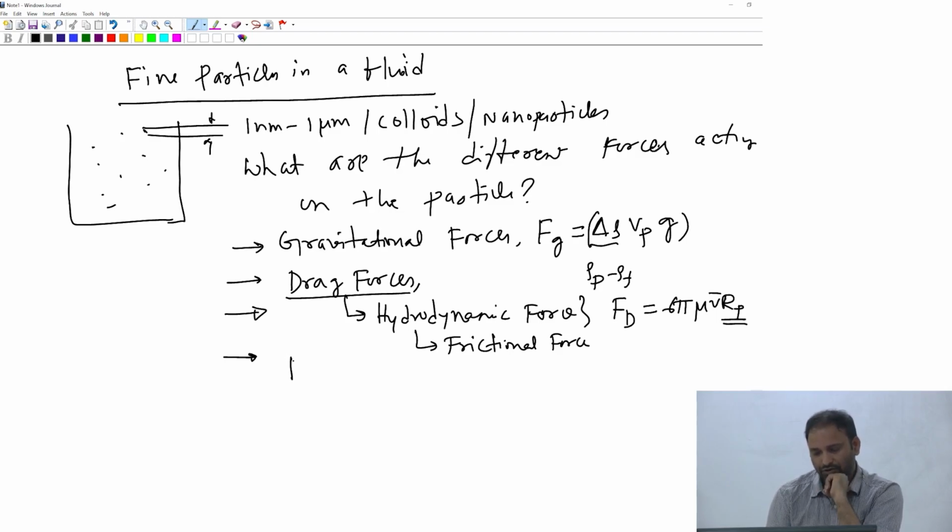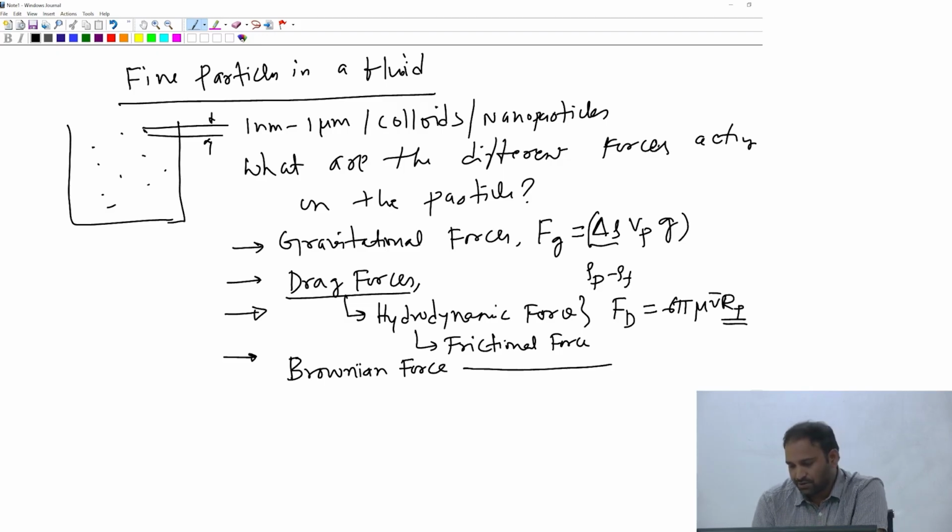The other one is what is called the Brownian force. This Brownian force, FB, goes as kBT, that is your thermal energy, divided by Rp.